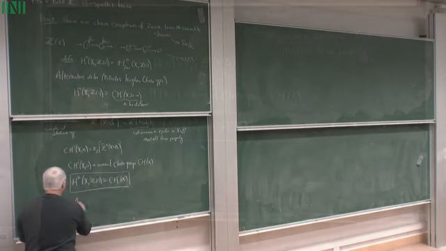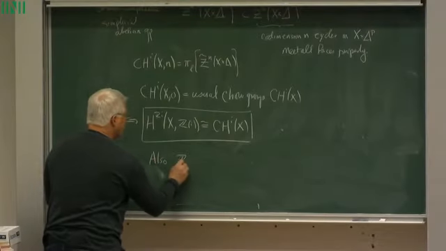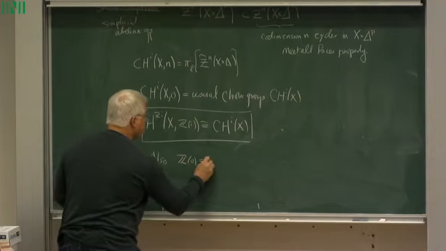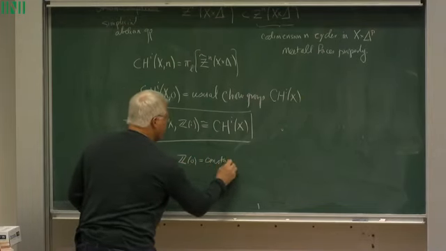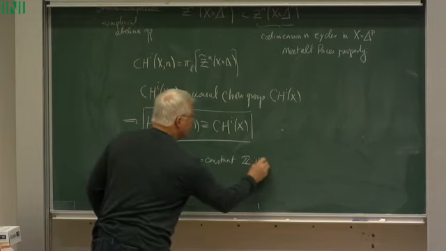And also, at the other extreme, Z(0) is a constant sheaf, Z in degree 0.